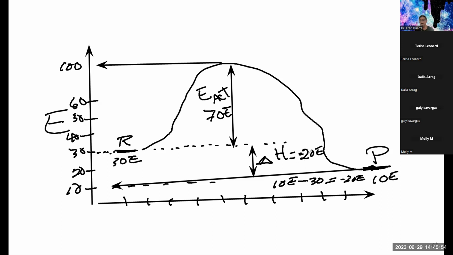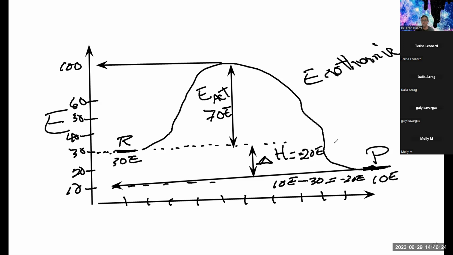The fact that delta H is negative tells you that we have an exothermic reaction. Remember the terms exothermic and endothermic? In this case, this reaction gives off heat, okay? It gives off heat. And I put these numbers in here to show you mathematically that we got a negative value.